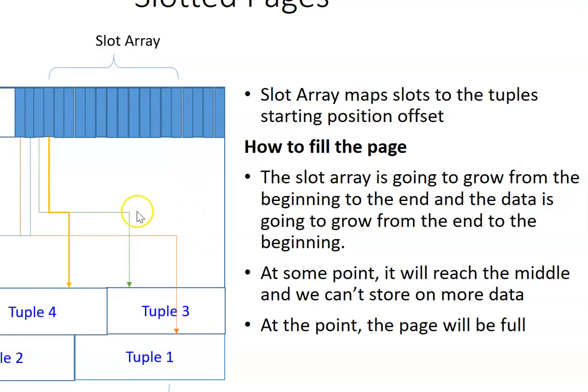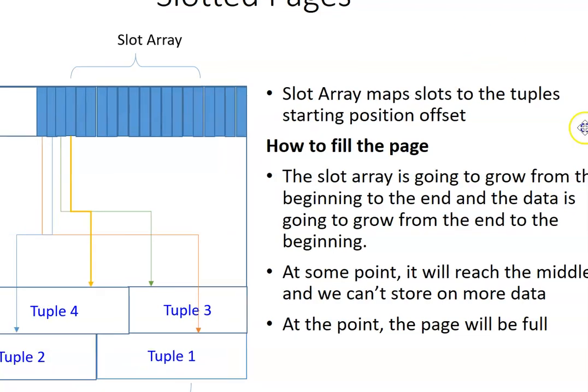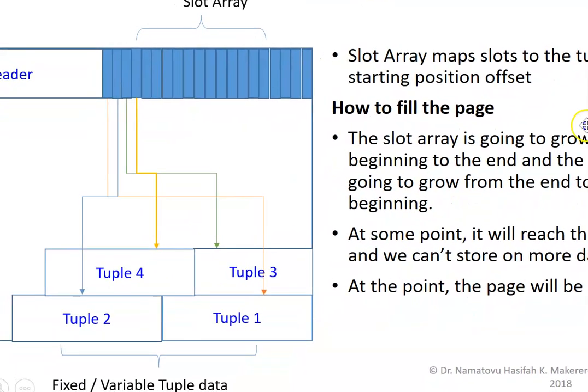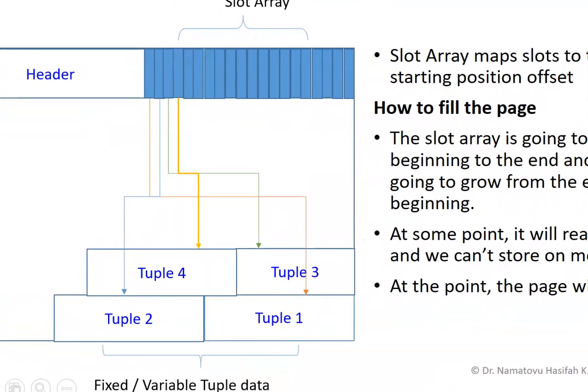So at some point it will reach the middle, and we cannot store any more data on this particular page. At that point the page is full. That is with the slotted pages. I hope it makes sense and it's understandable.